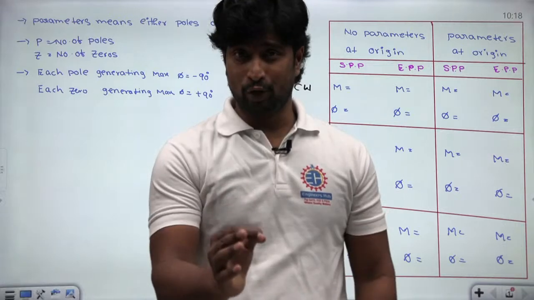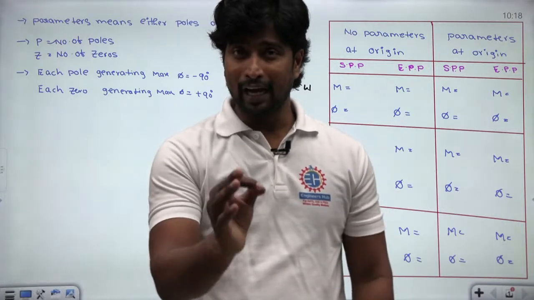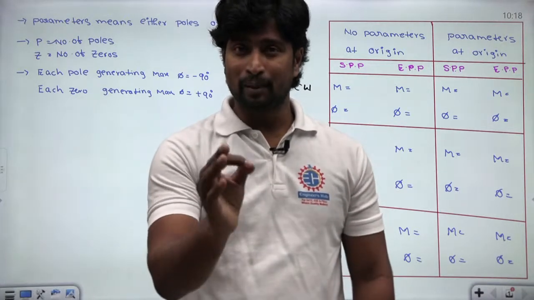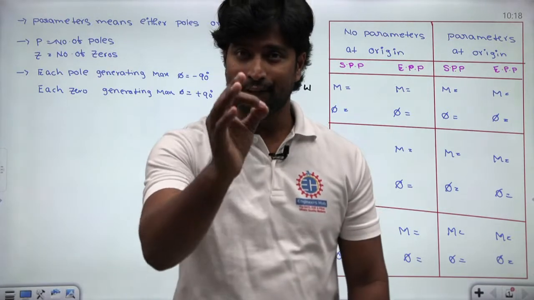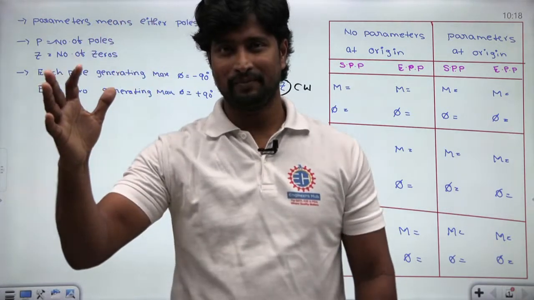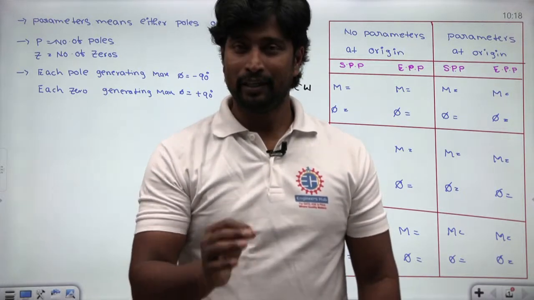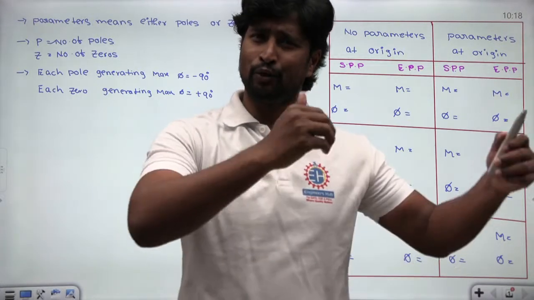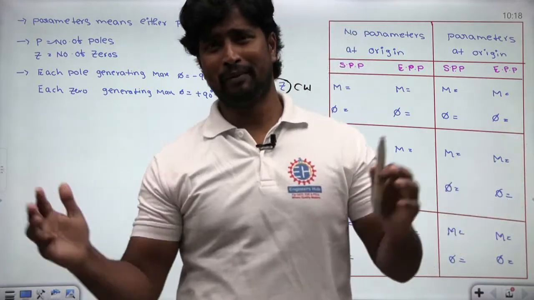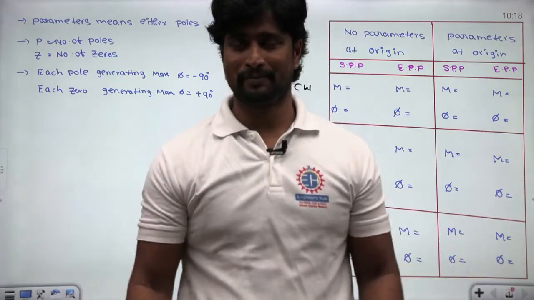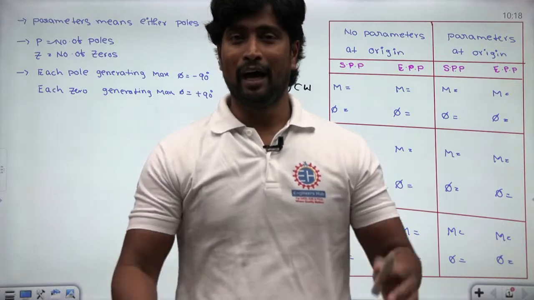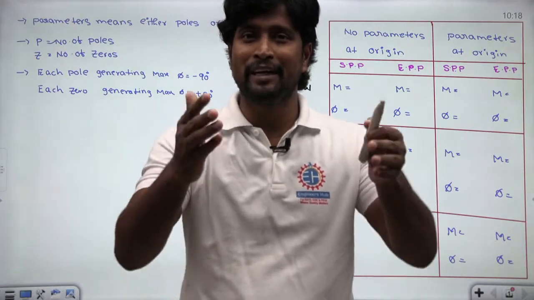If poles are dominating, the plot is always terminating at origin. Once again, I would like to repeat this statement. Guys, carefully listen. If poles are dominating, whether no parameters at origin or parameters at origin, it's not a matter. Always the plot is terminating at origin.